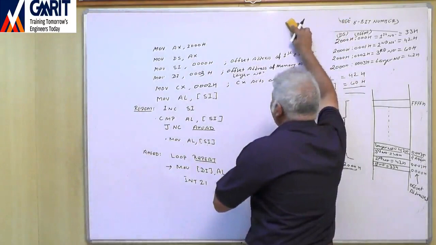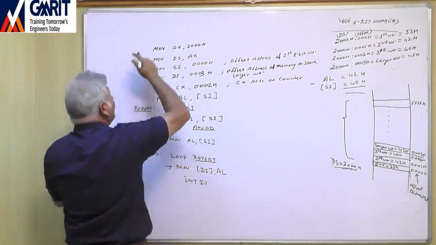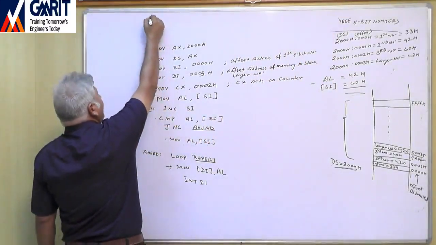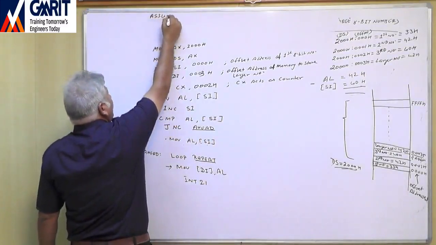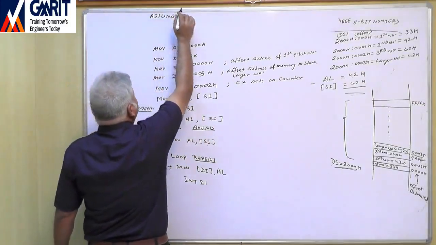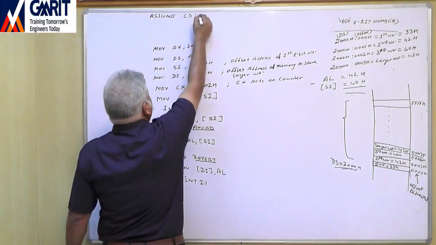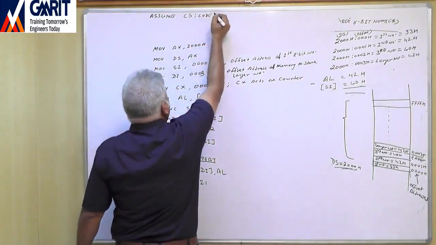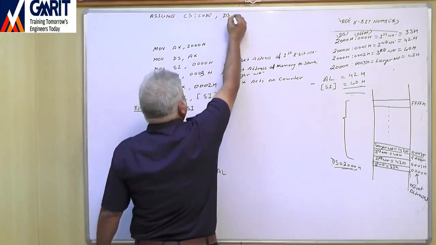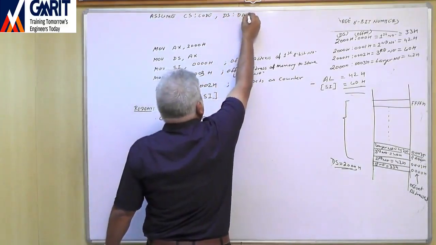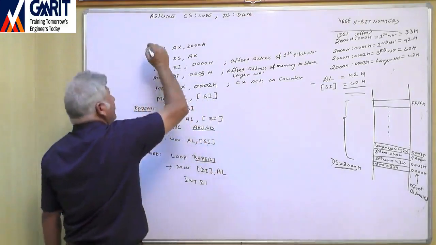So for this, there is a slight change, slight addition we will do. I will write here, assume CS colon code comma DS colon data, right?